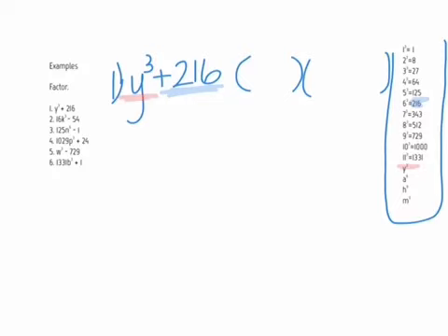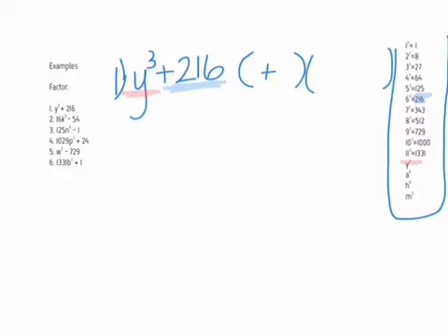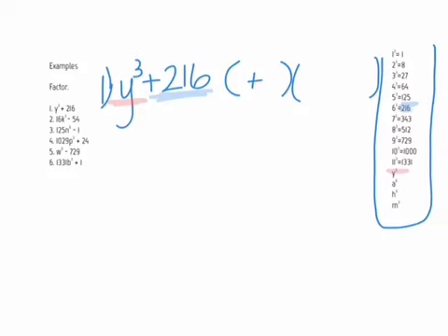Okay, let me make it a little smaller. Then the first sign in my trinomial is the opposite of the first sign in my binomial.